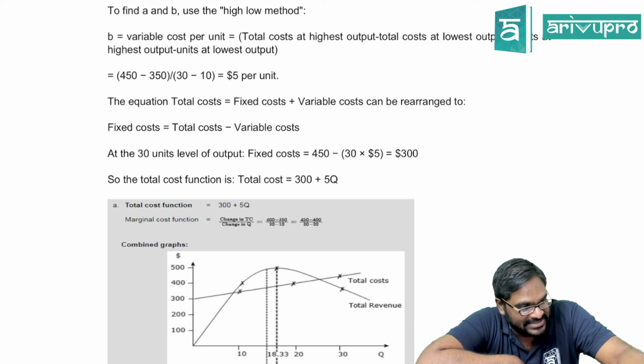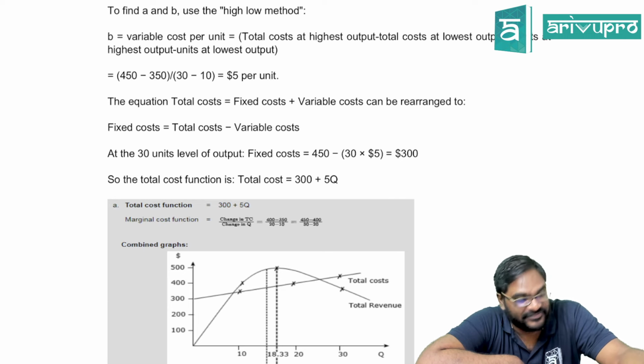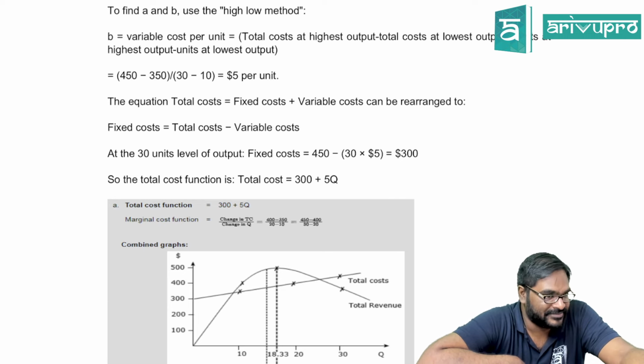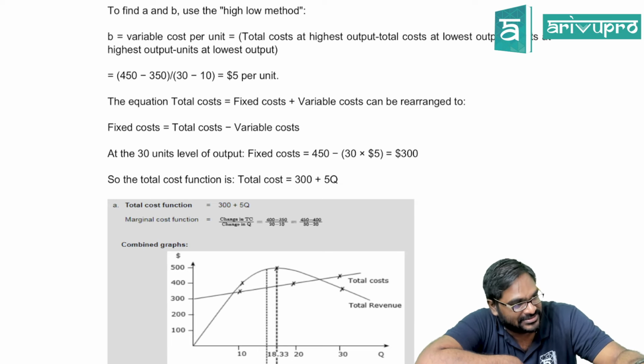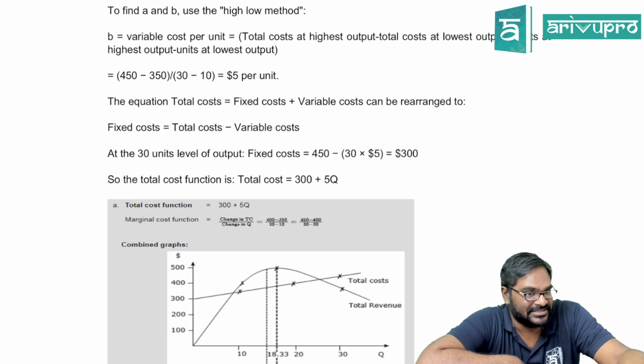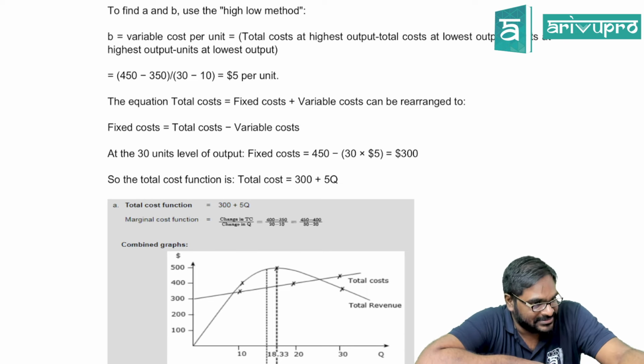So if 30 units is our level, 450 would be our total cost. Variable cost would be 150, 30 into 5. Agree? Then my fixed cost would be how much? $300. Are we good? Clear?